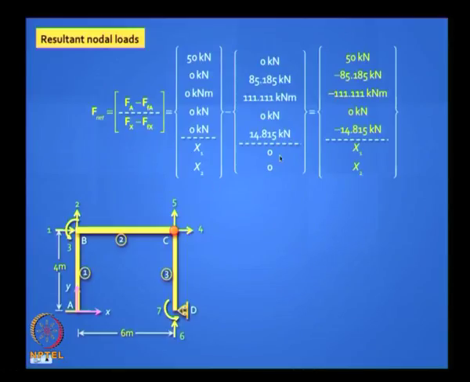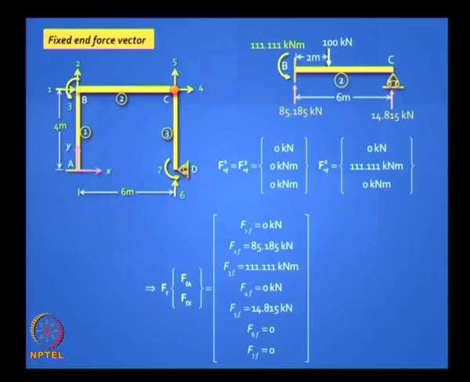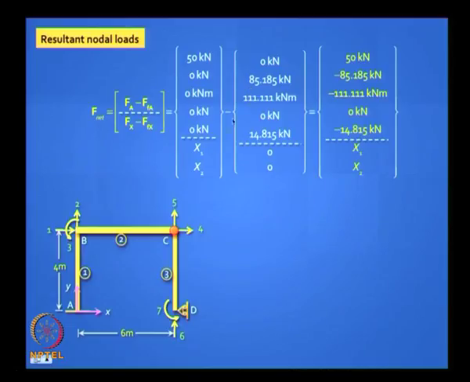This is my fixed end force vector, which I compute by inspection. By inspection, if I go back here, I see that not only this will contribute to F3, but these two reactions will contribute to F2 and F5. Is it clear? That is how I get these two quantities here. Does it make sense?